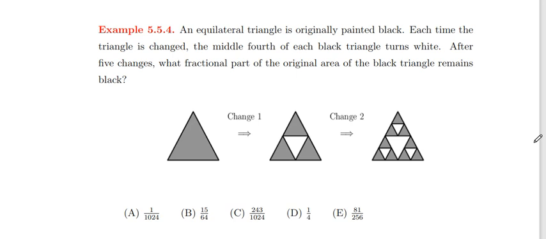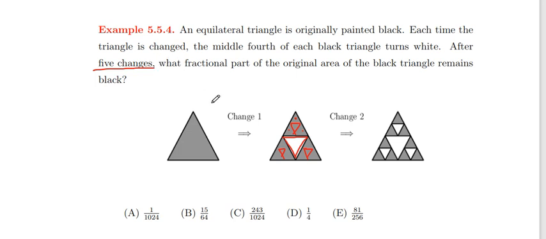So here we just cut this part, this 1/4. Then for each one we cut 1/4, 1/4, and continue cutting 1/4, 1/4, 1/4, just like that. So after 5 changes, what fractional part is still remaining?